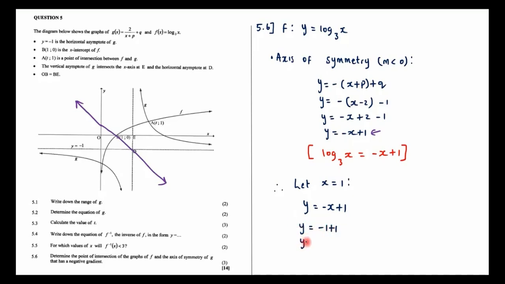As you can see, I'm getting 0. Therefore B, which is (1; 0), is the point of intersection of f and the line of symmetry. And that is basically how you answer this type of question.